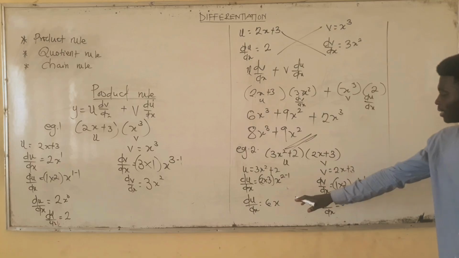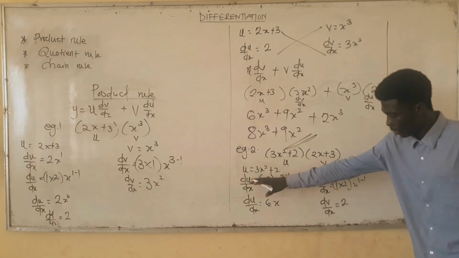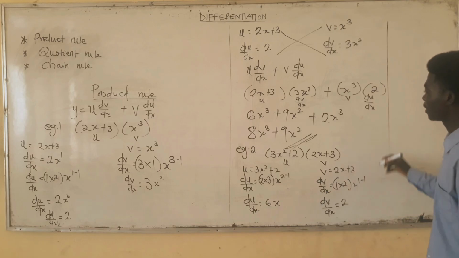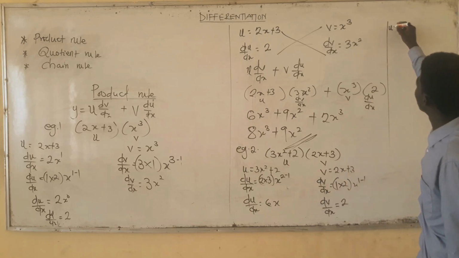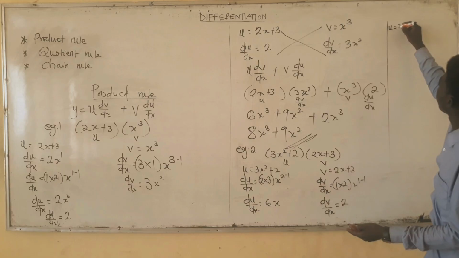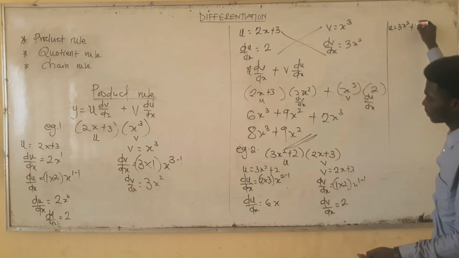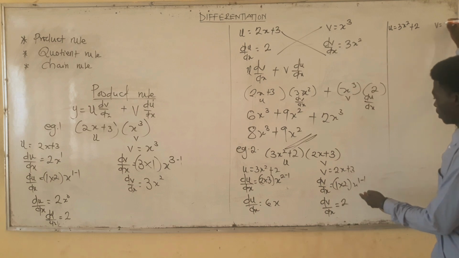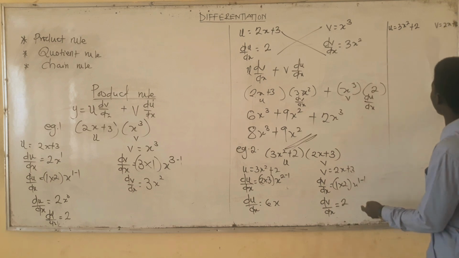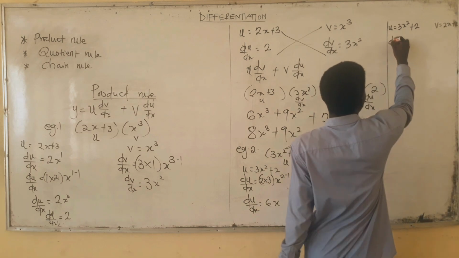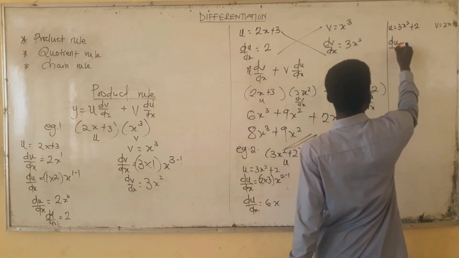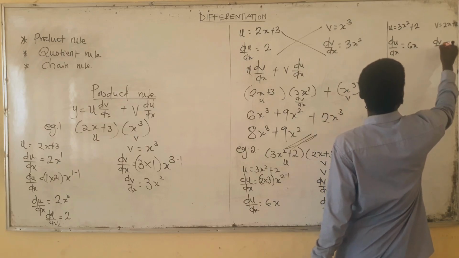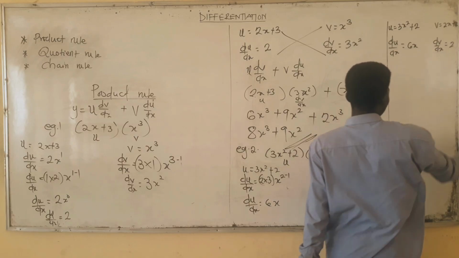So we have the u, we have our du dx and the dv dx. We know that our u is equal to 3x squared plus 2, and then our v is 2x plus 3, right? And du dx, we have 6x, and dv dx, we have 2.